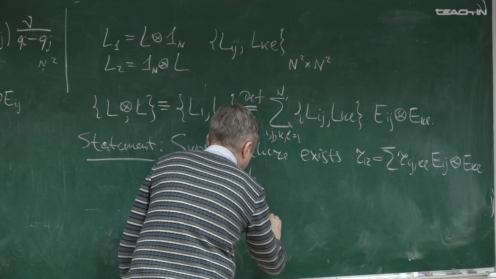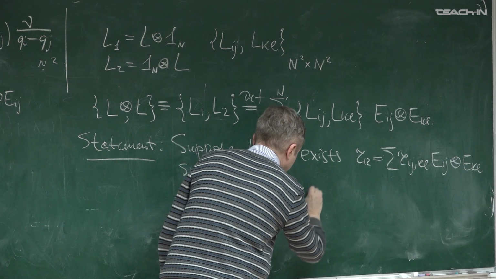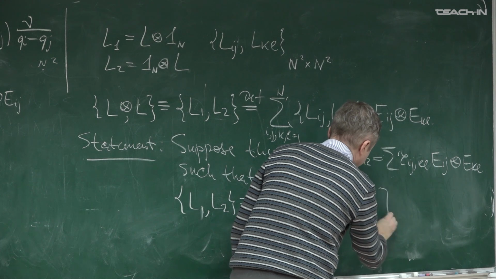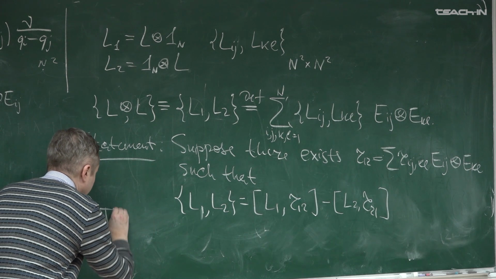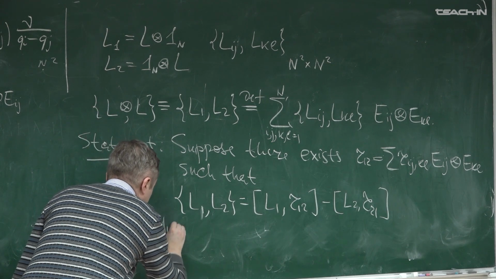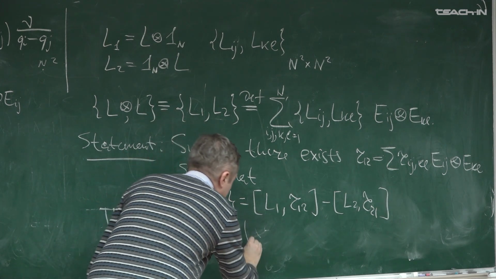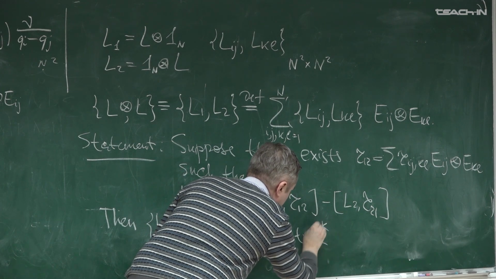More explicitly, it should be represented like L1 commutator with R12 minus L2 commutator with R21. Then HK and HM are in involution, where HK are defined as we know from the Lax representation.